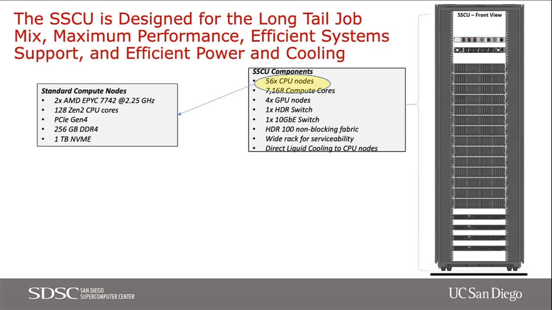Each of these standard compute nodes is 2 AMD EPYC 7742 processors, 2.25 gigahertz. They are 128 Zen 2 CPU cores essentially. And it features PCI Gen 4, 256 gigs of RAM on each node, and that's DDR4 3.2 gigahertz, I think, and a terabyte of NVMe.